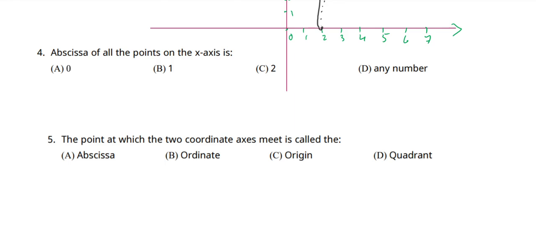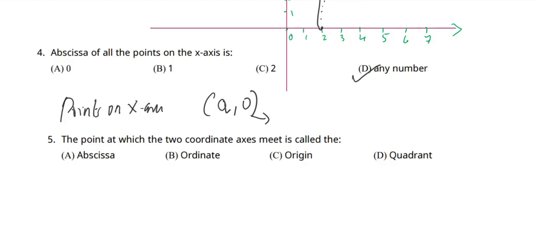So the abscissa of all points on the x-axis can be any number, because the point is of the form (a, 0). That means the y-coordinate is 0.